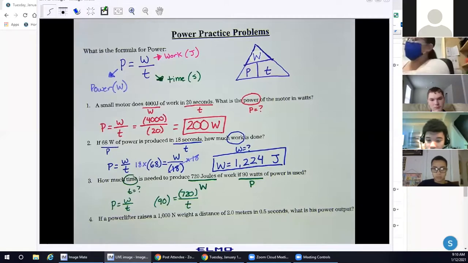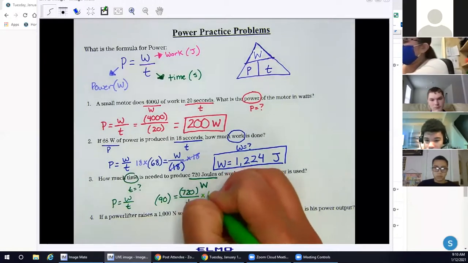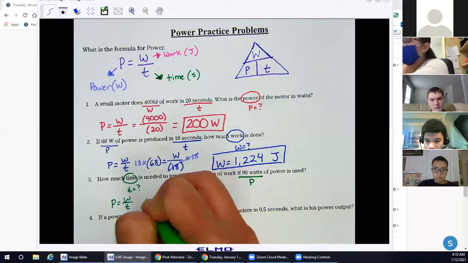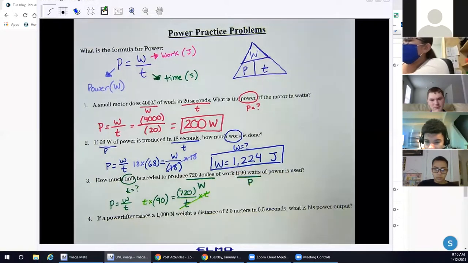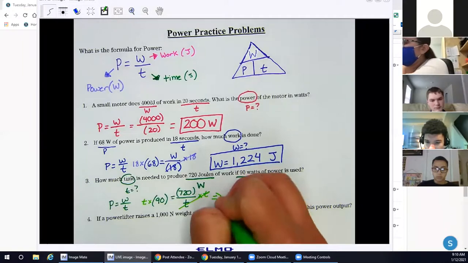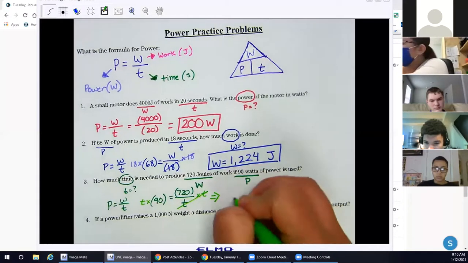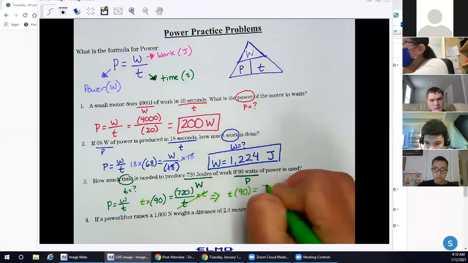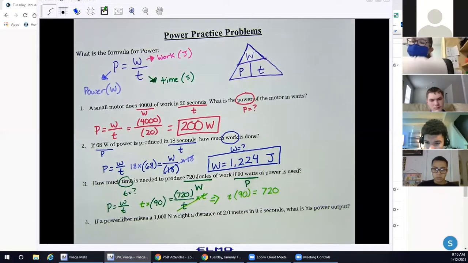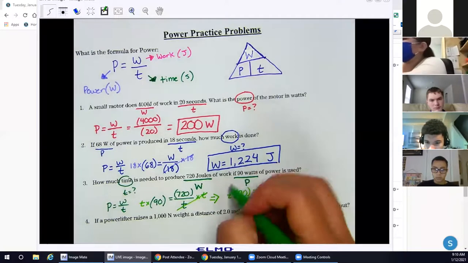So we need to do two things. First, we're going to multiply both sides by t. So that crosses out t over here. So we're left with t times 90 equals 720. And then all you need to do next is just divide both sides by 90.